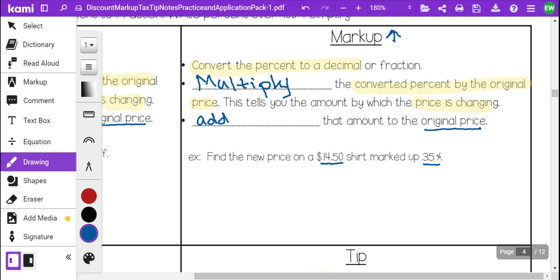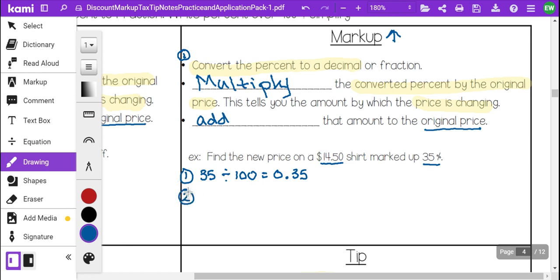Okay? So the first step, again, you don't have to write the steps. I'm just showing you. 1, convert the percent to a decimal. So 35% divided by 100 should be 0.35. Okay?